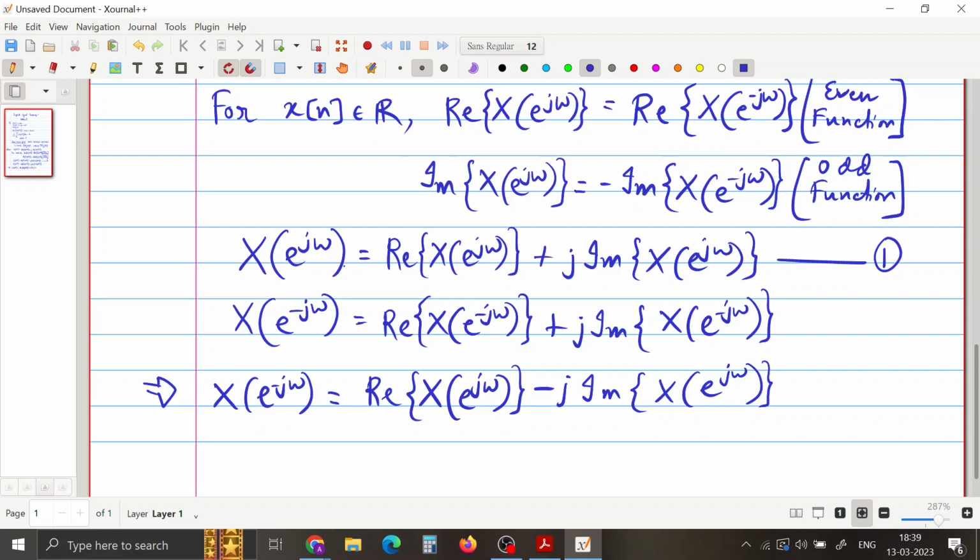Okay. And now let me label this as equation 2.